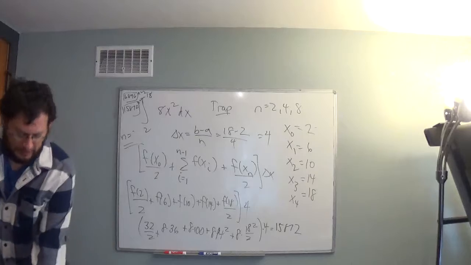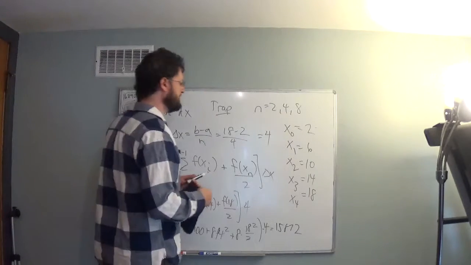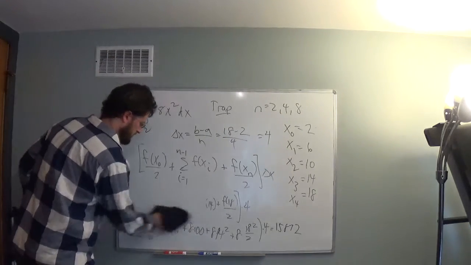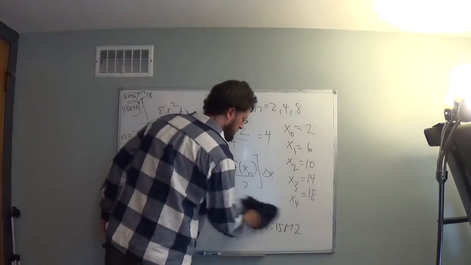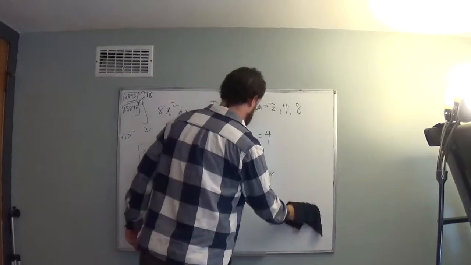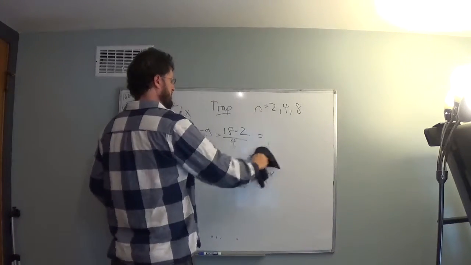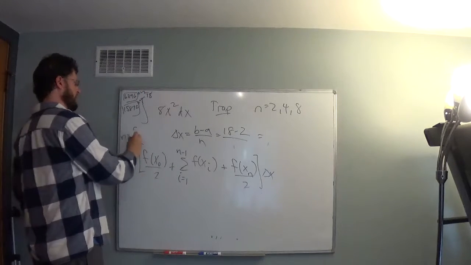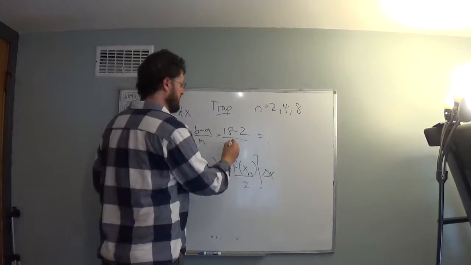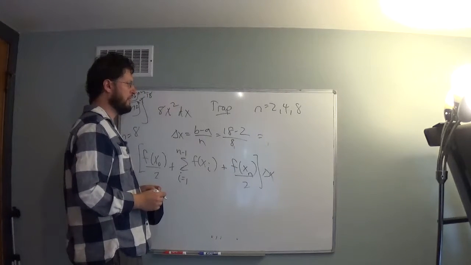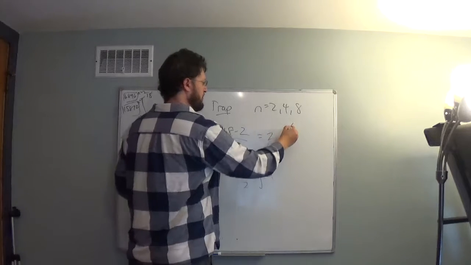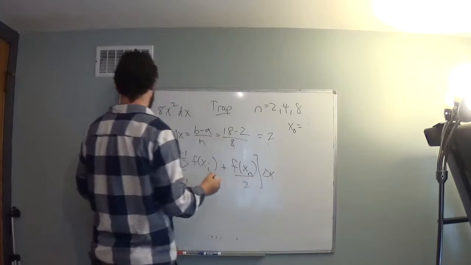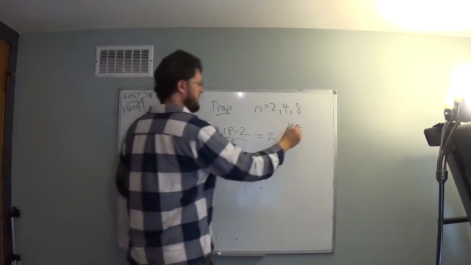Okay, so let's keep going. One more. N equal 8. If I want n equal 8, the only thing that changes for delta x is this n over here. 18 minus 2, 16, all over 8 is 2. x0 is the first value, which is 2.